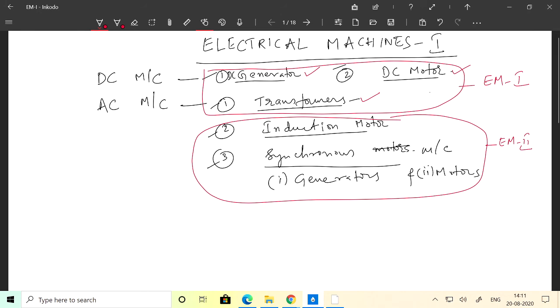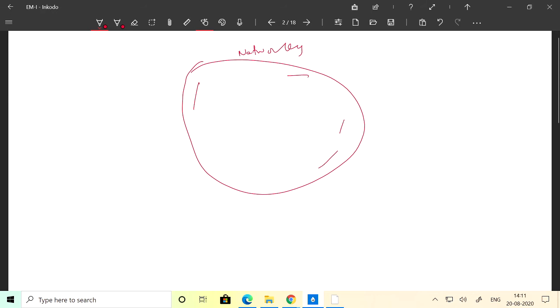Now I want to take a few more minutes regarding the power systems. See, we have a big network. This is network. Now this network is interconnected through transmission lines.